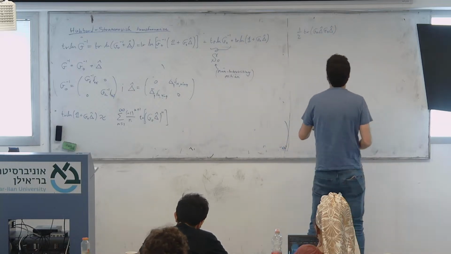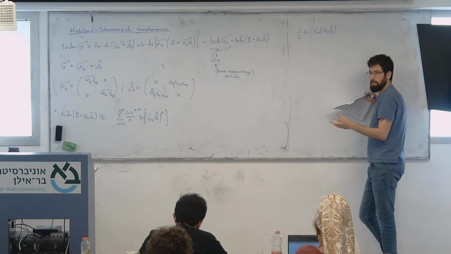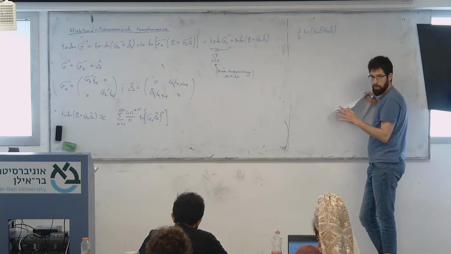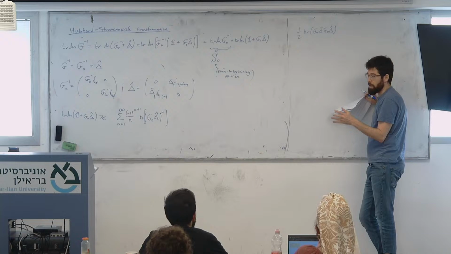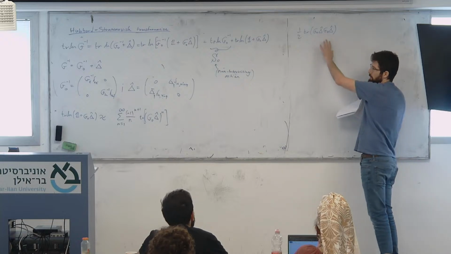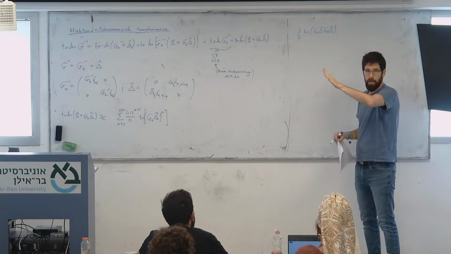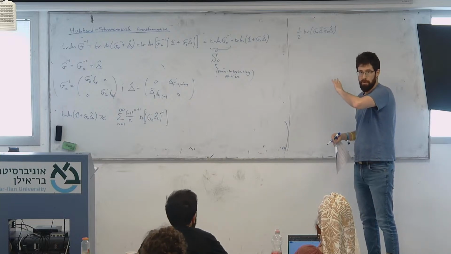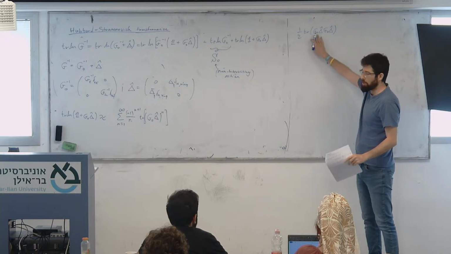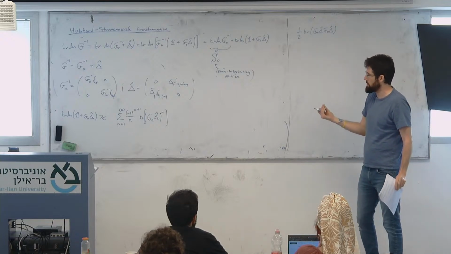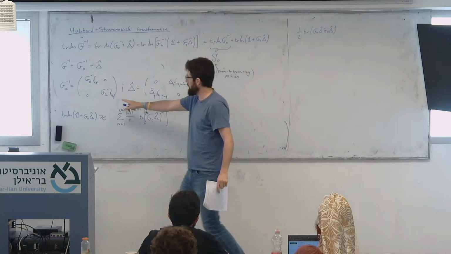You can think about these matrices as matrices in K and K prime space. And you already saw that this delta takes you from K to K plus Q. And you know that this G naught guy is diagonal in K space, because this is delta K, K prime.